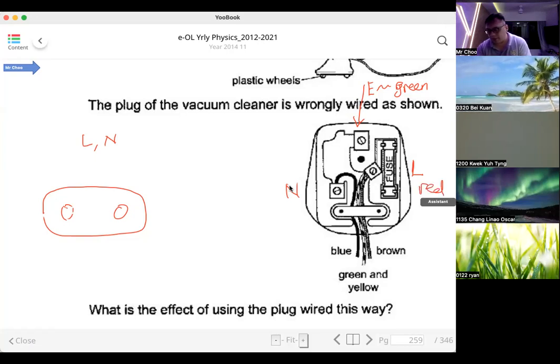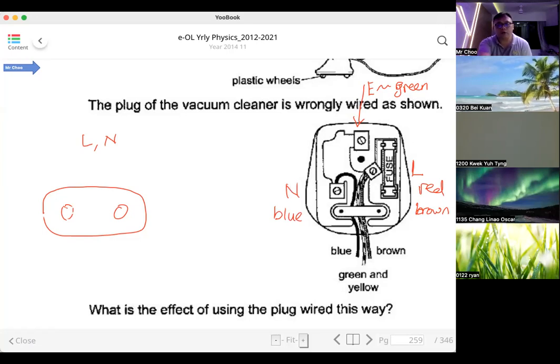So just remember that the live wire is red, and the color that's close to red is also brown. So anything that's very red or brown will be your live wire. Then neutral is a very neutral color. It's a very calming color. So therefore, the blue wire will go to your neutral point. Can you remember that so far?